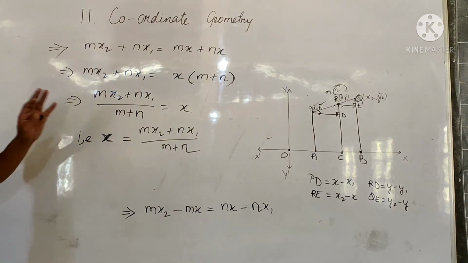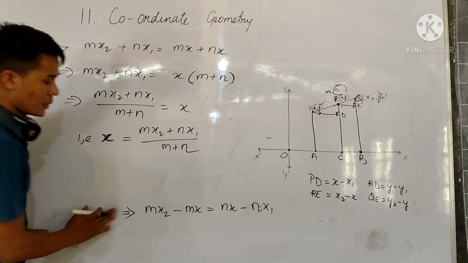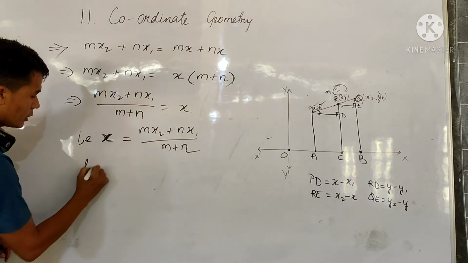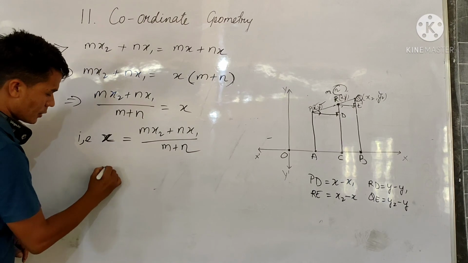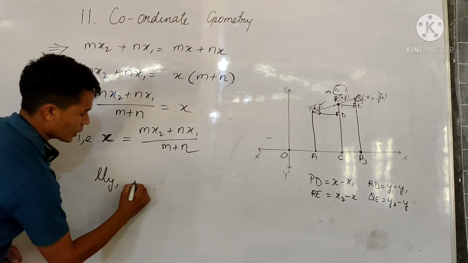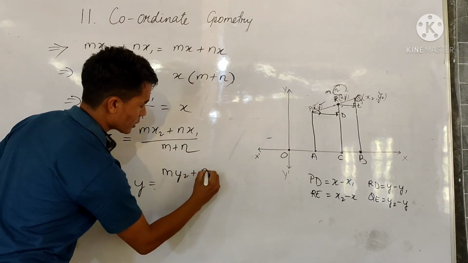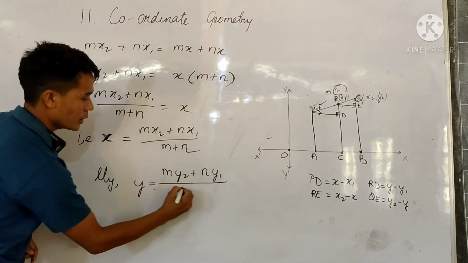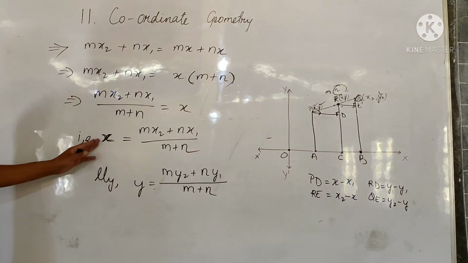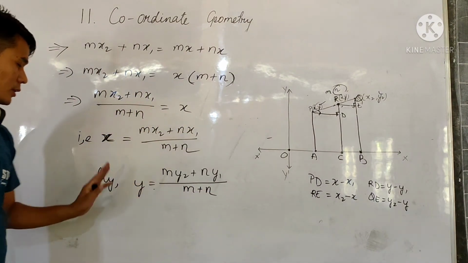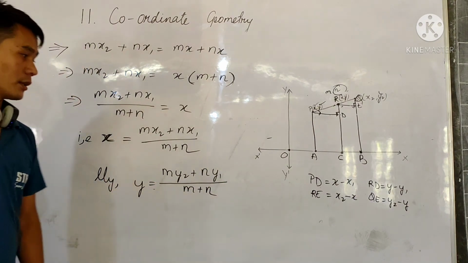Similarly, we can get y is equal to my2 plus ny1 by m plus n. So the coordinate of x is mx2 plus nx1 by m plus n. The coordinate of y is given as my2 plus ny1 by m plus n.